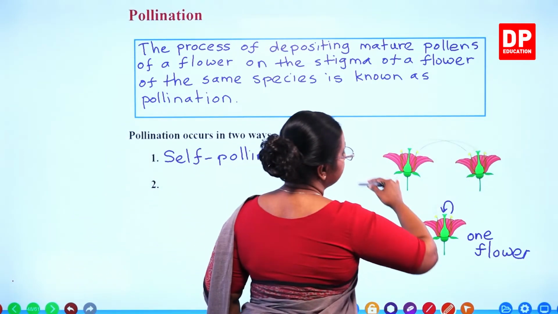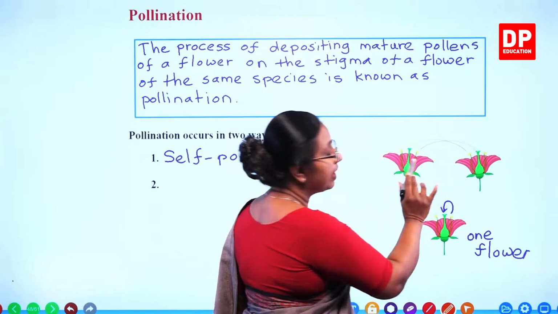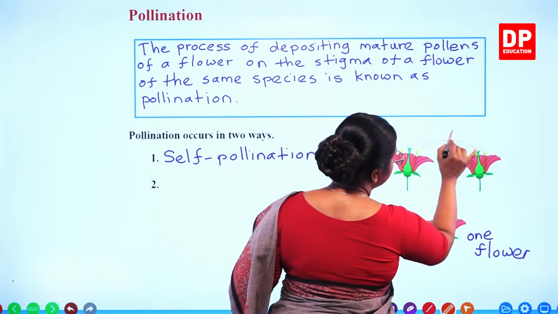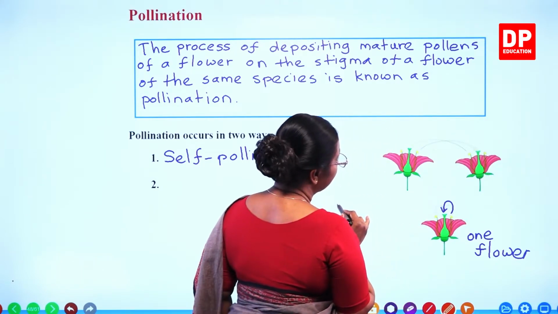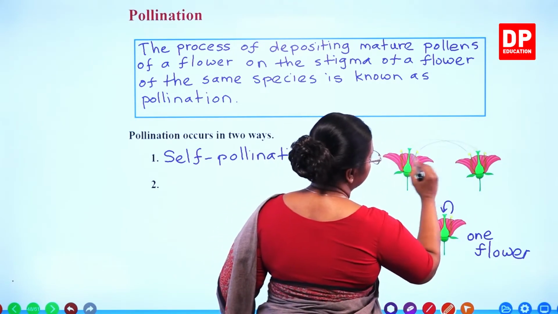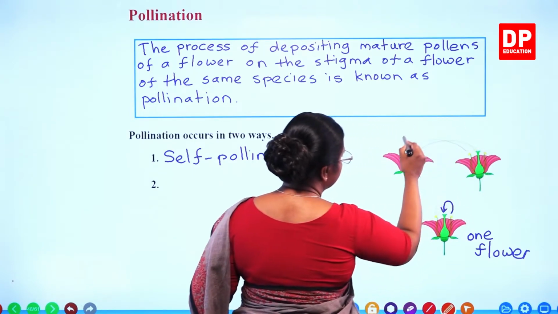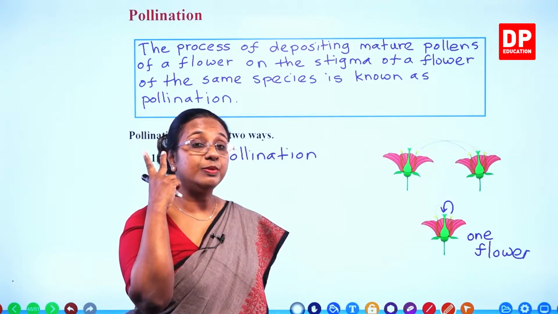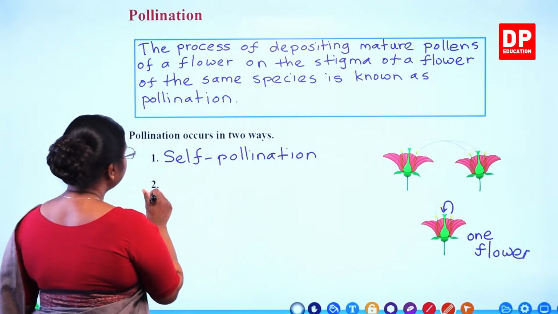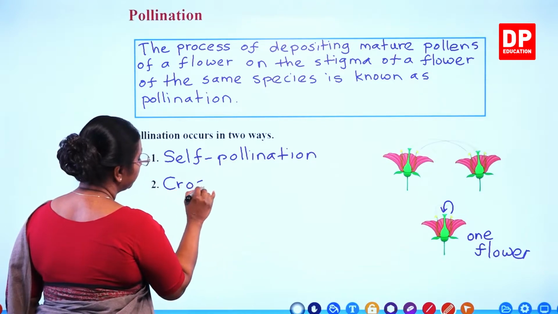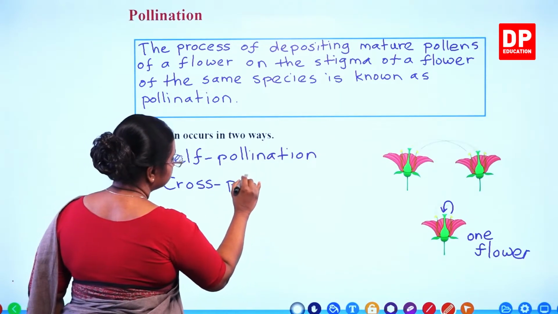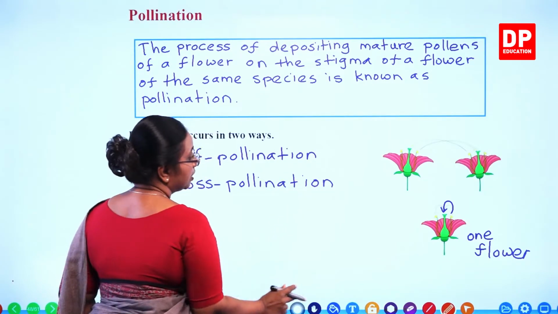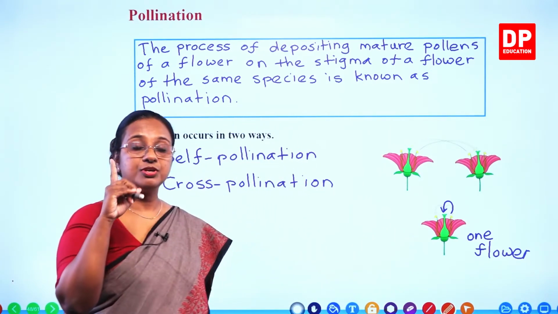Look at the second diagram. There are two flowers involved. So, the pollens from one flower deposit on the stigma of the next flower, or it can be the other way around. Pollens from this flower can deposit on the stigma of the second flower. So, there needs to be two flowers. Then we call it cross-pollination. So, in self-pollination, there is only one flower.